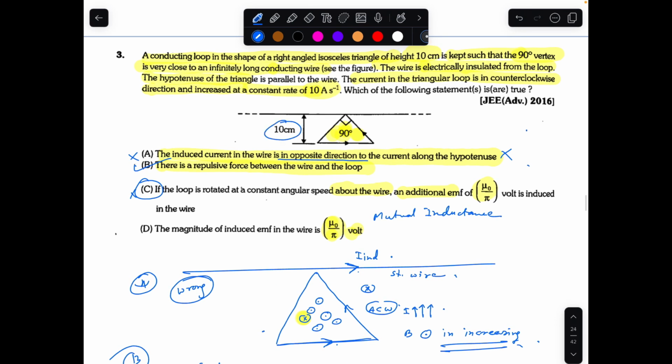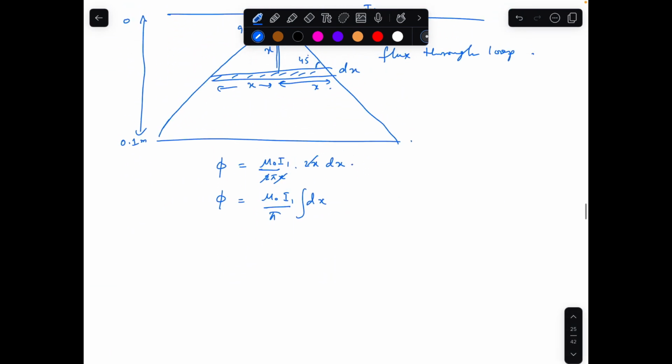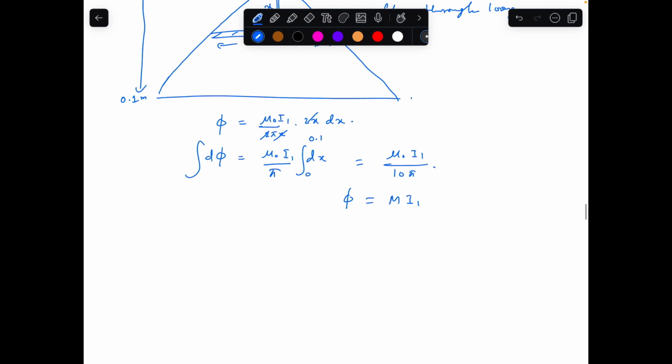You can see, yeah, 10 centimeter. Integration of d phi from 0 to 0.1. So mu naught I1 by 10 pi. So can I write phi equal to M I1? Correct.